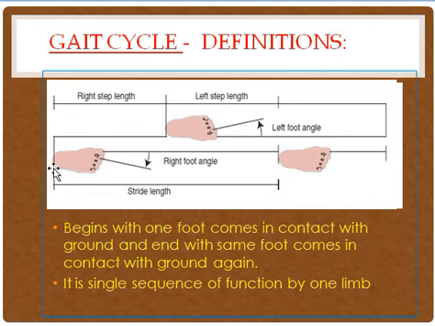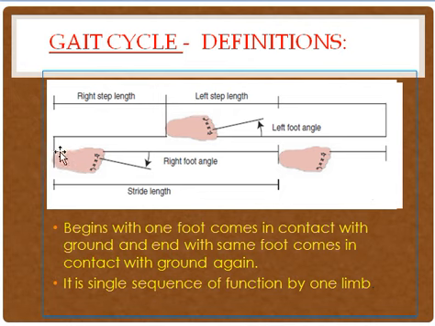As we all know, gait begins with one foot, for example this foot. It comes in contact with the ground, and when this foot again comes in contact with the ground, that makes one gait cycle. It is the single sequence and function of one limb. In this diagram, when this foot goes for heel strike, and when this ipsilateral foot again comes to heel strike, this makes one stride.